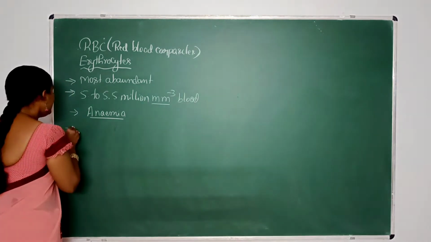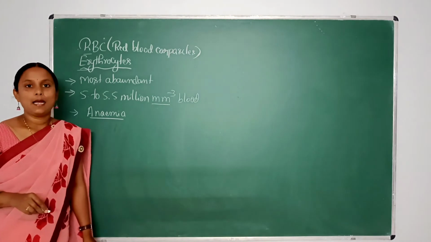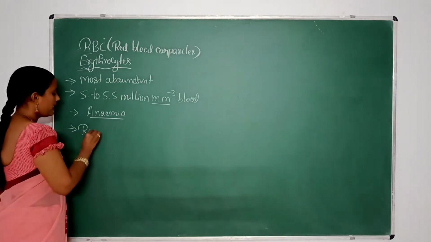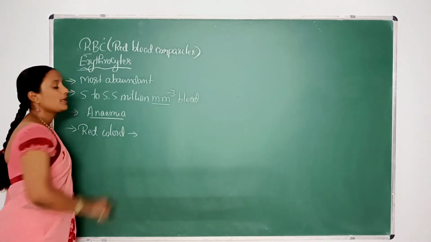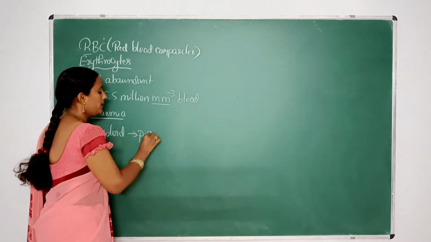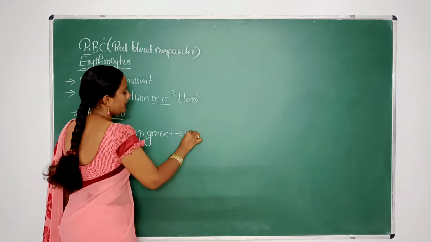And as the name suggests, RBC, red blood corpuscles, they are red in color. And this red color is because of the presence of a red colored pigment called hemoglobin.